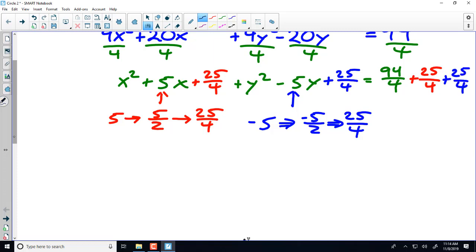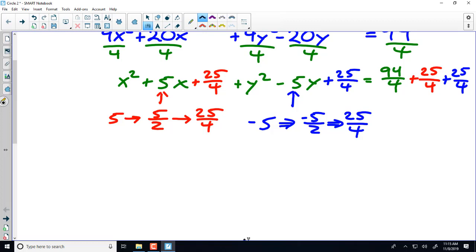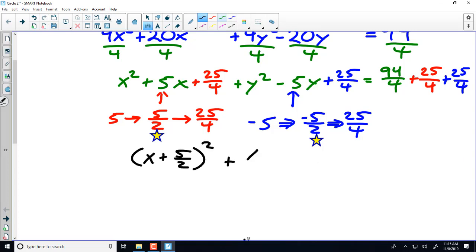Okay, now you might think that factoring this left side is going to be a disaster, but we do have a trick for factoring, and it's all about the number we got when we cut the number in front of x or the number in front of y in half. So this left-hand side, the x's can be factored as x plus 5 halves squared, and the y's can be factored as y minus 5 halves squared.